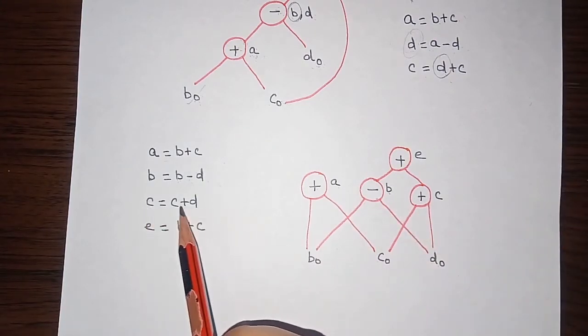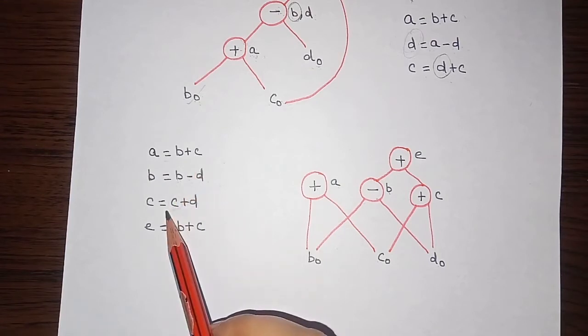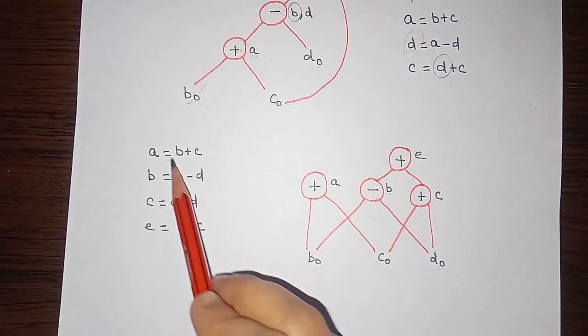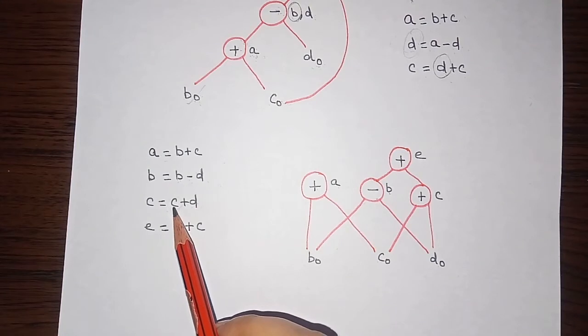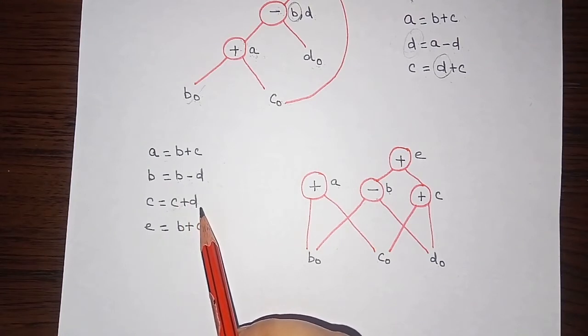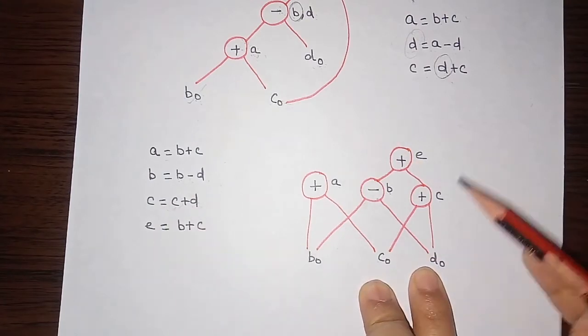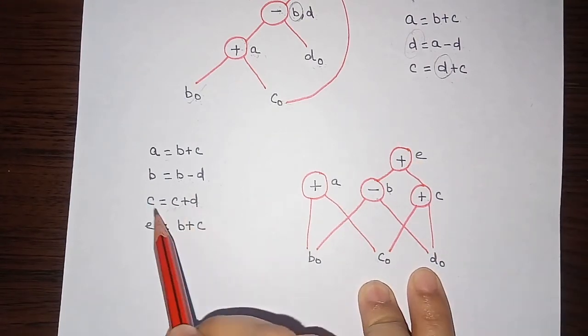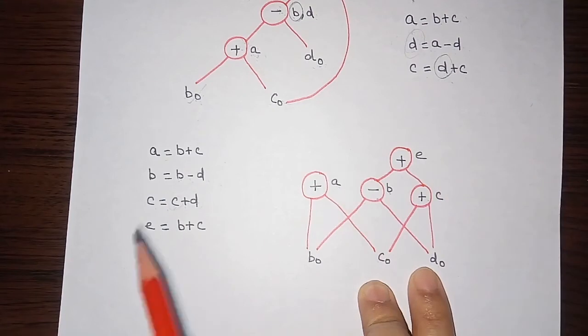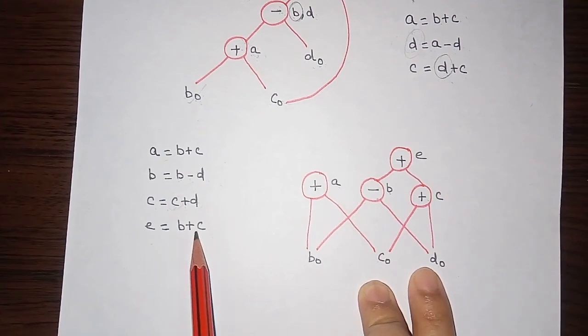Now coming to the third statement, here we have c plus d. So here the value of c is not updated anywhere here, and d is also not updated anywhere here. So we are taking the same initial value c naught and d naught, and then performing addition. The result will be stored in c. Likewise, coming to the last statement, here we have b plus c.